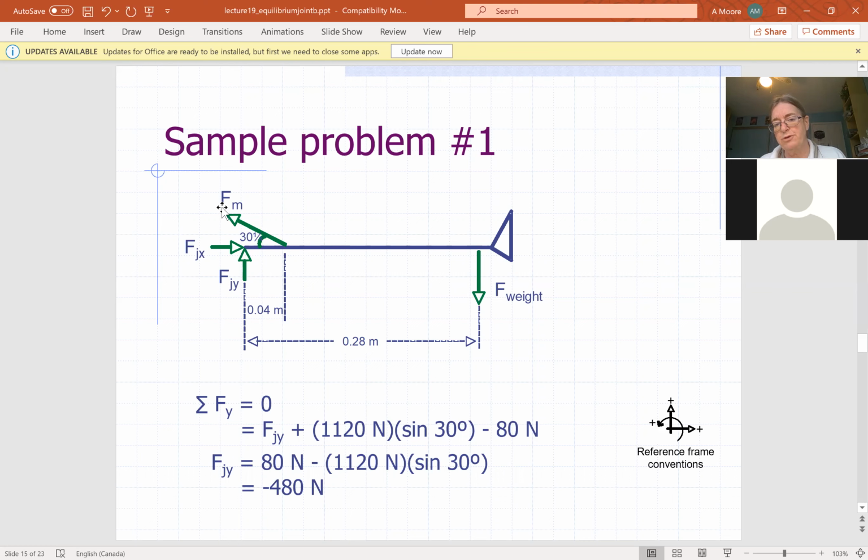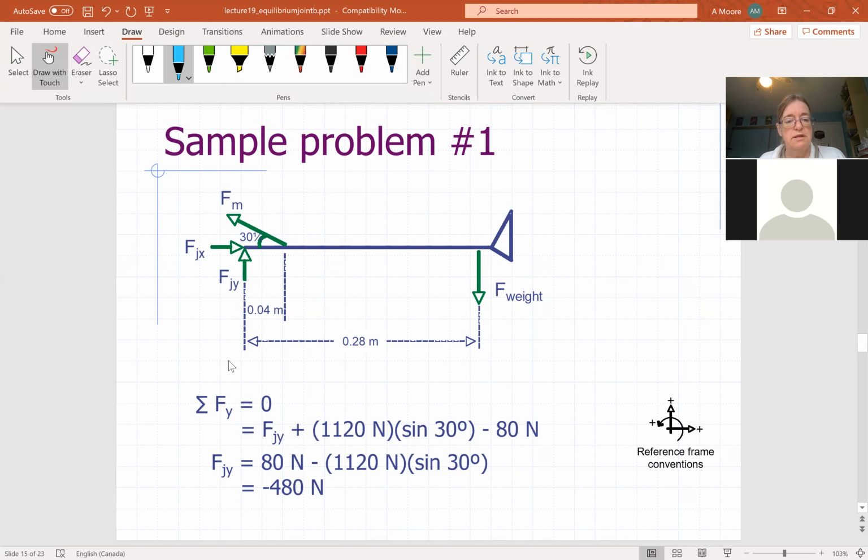My muscle force, you can see, is pointing up. It's pointing in the negative direction for the x, but the y component, if I drew the y component, let me just draw on this, it would look something like that, right? Can you see that? That would be the rotary. Now, see, that direction is positive based on my reference frame.